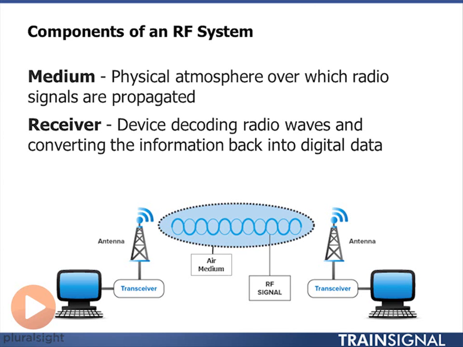So the receiver's just going to take that and try to estimate and guess what your ones and zeros were, and hopefully if we got it right, you'll be able to get your data back. Now, a combination of a transmitter and a receiver is called a transceiver. So on this picture here you can see the term transceiver. Those devices both transmit and receive.